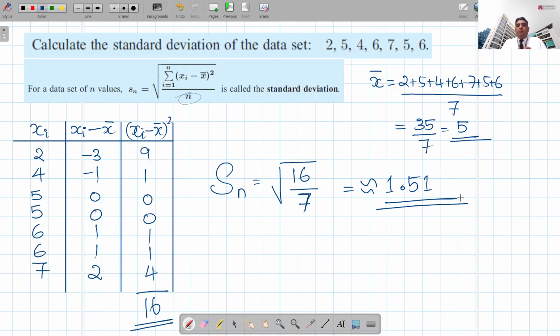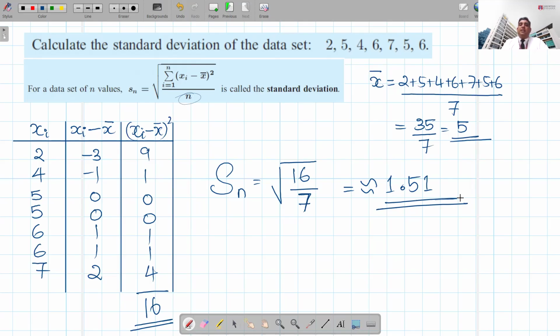Now, there are shortcuts available in your calculator in order to find the standard deviation of a data set. I suggest you use those because you're allowed to use a calculator in the exam.